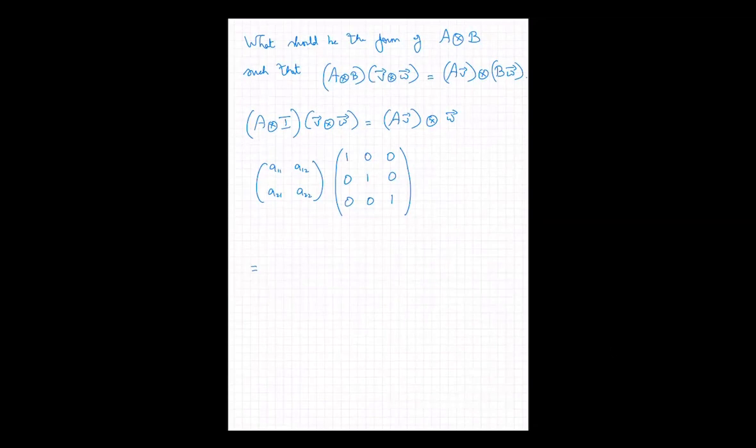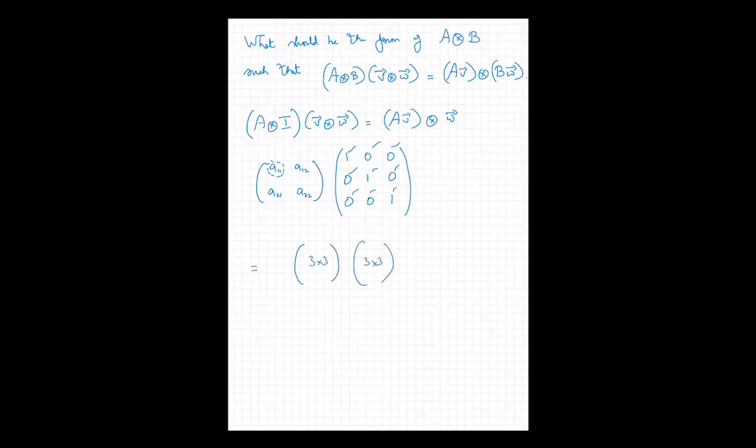So first I will take A11, and then I will form a 3 by 3 block of this new matrix by multiplying A11 with every single element here. That will be a 3 by 3 block. Then I will take A12 and multiply it with every single element, which will be another 3 by 3 block.